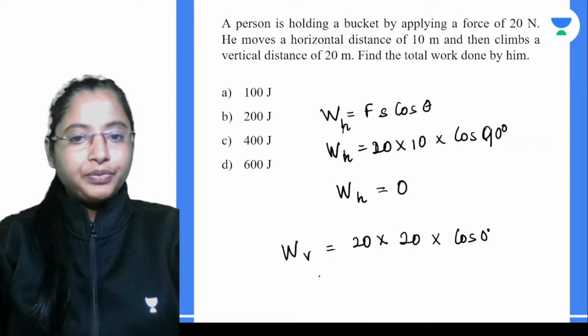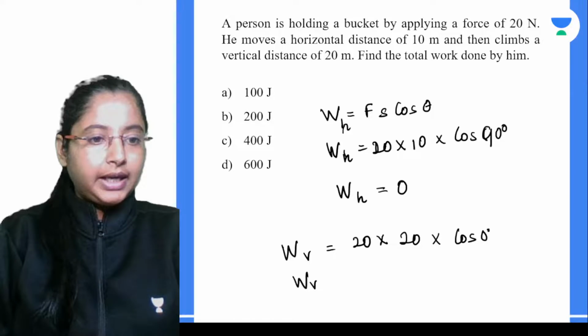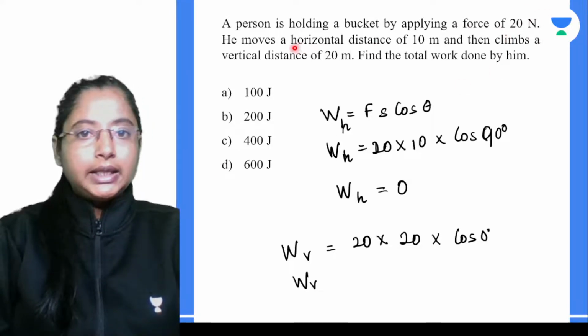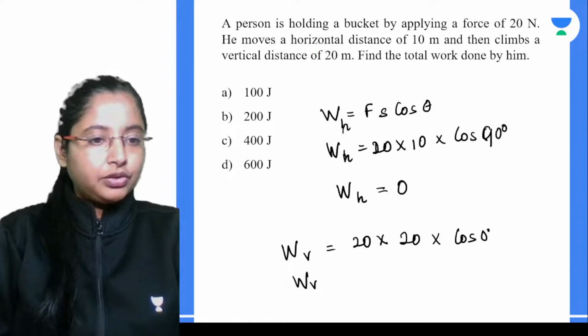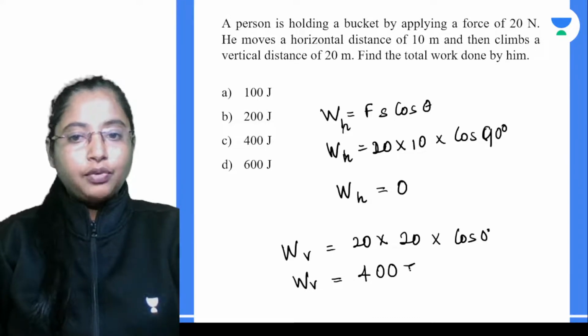Cos 0 is 1, right. Sorry, the force applied is basically 10 Newton and the distance he covers is also 20. So from here, 20 into 20, this tends to be 400 joules.